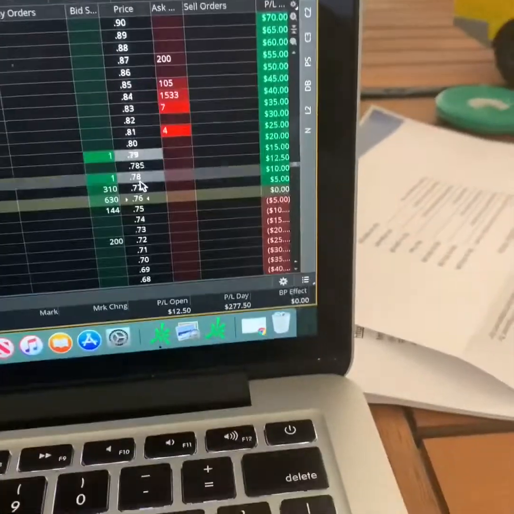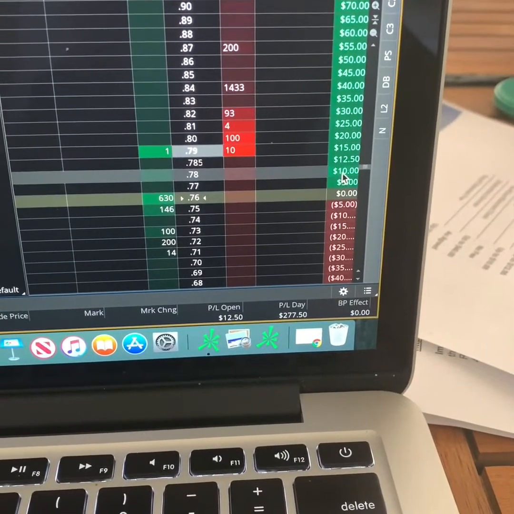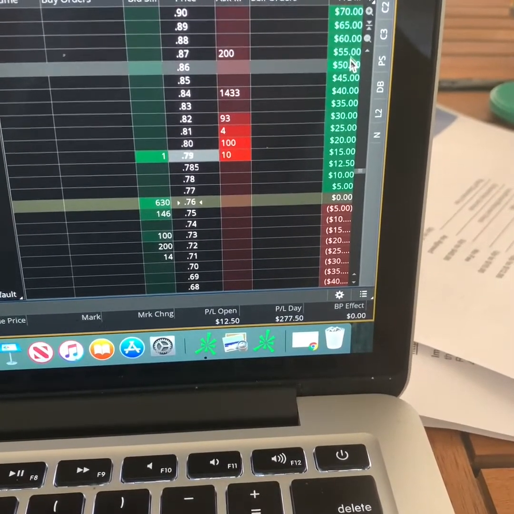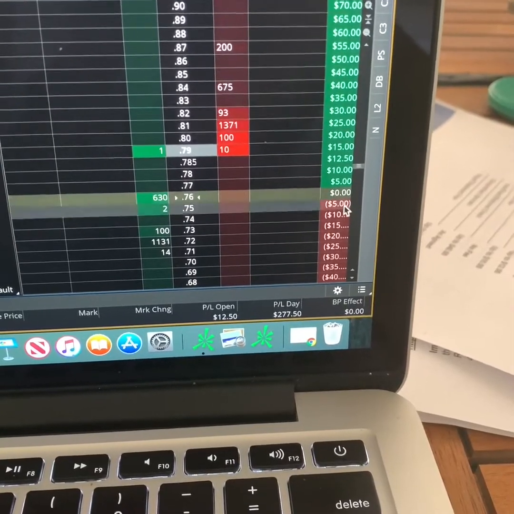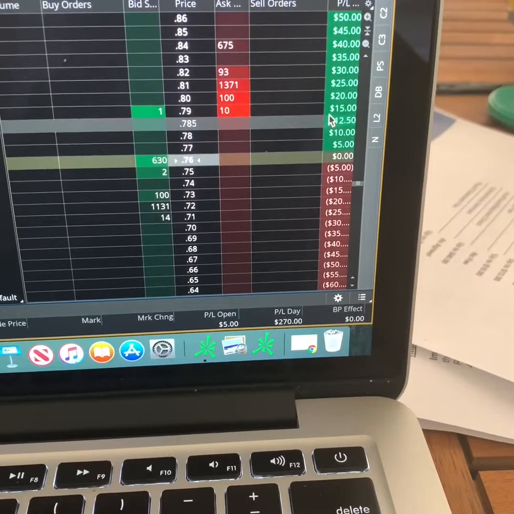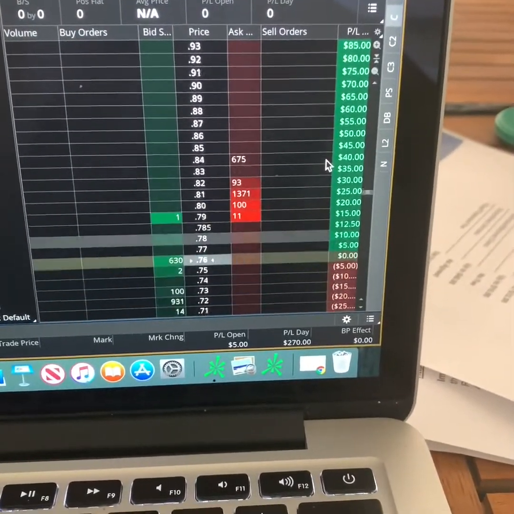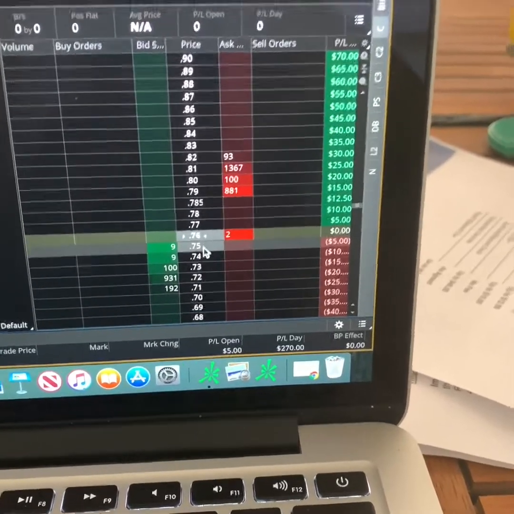So once you're in a trade, this fills up. It shows you the profit and loss, your losses here, your profits here. And what I was telling you guys, we got in here at 76.